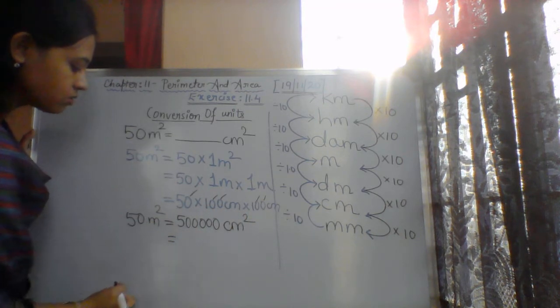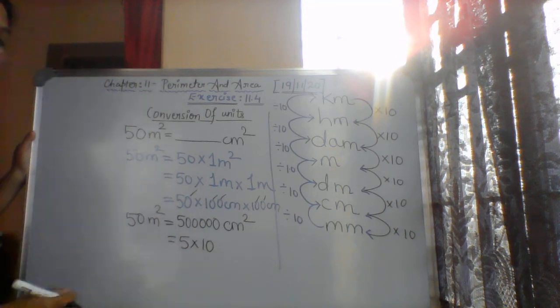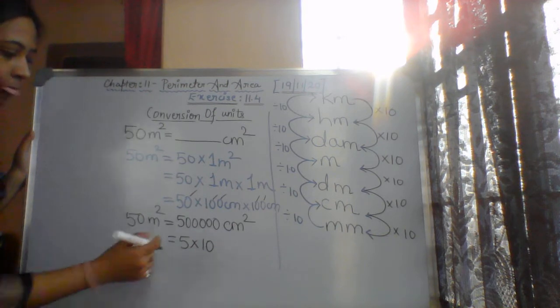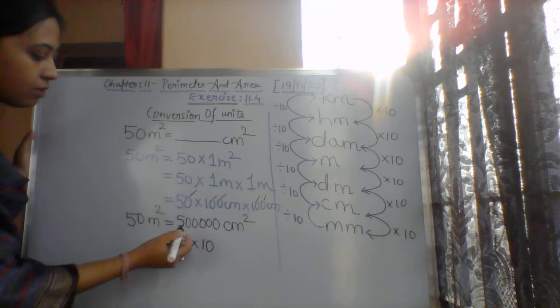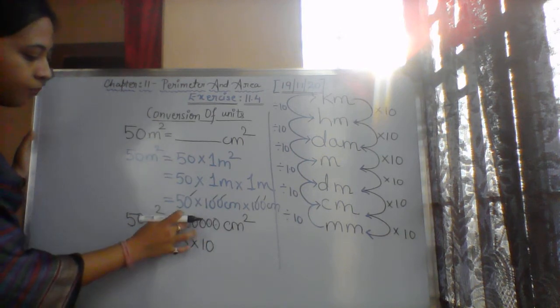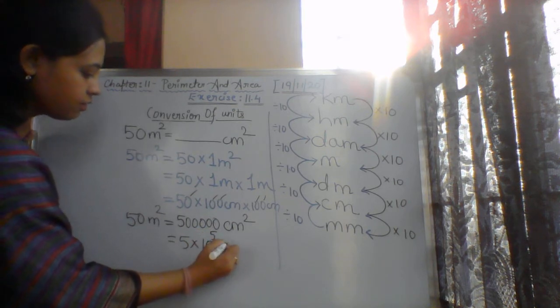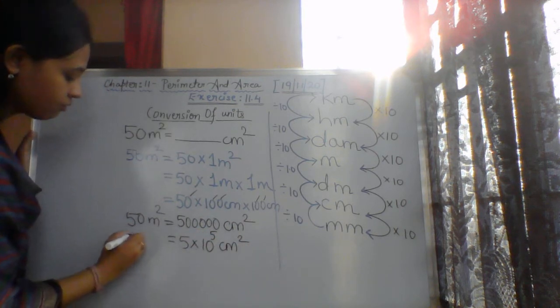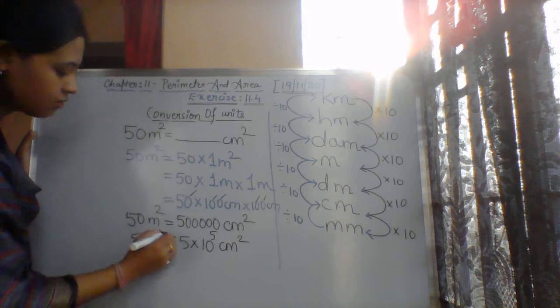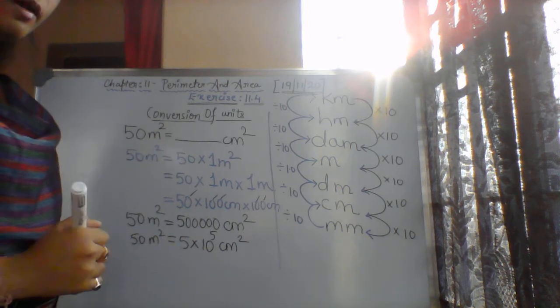This you can also write as 5 into 10 to the power how much? We know power exponent. 5 zeros are there, so 10 to the power 5 centimeter square. 50 meter square equals to 5 into 10 to the power 5 centimeter square.